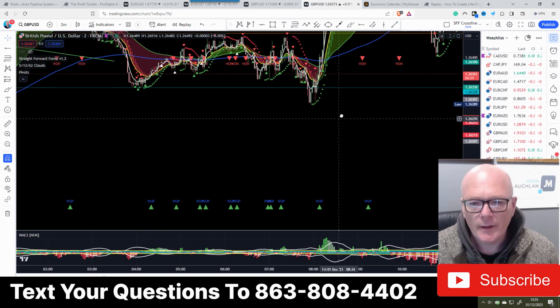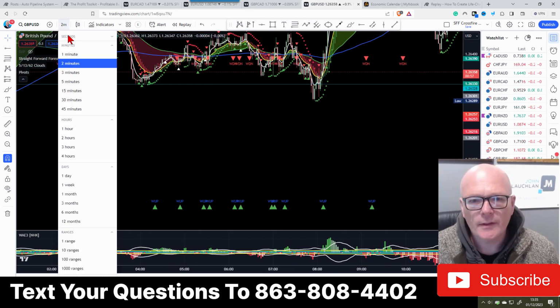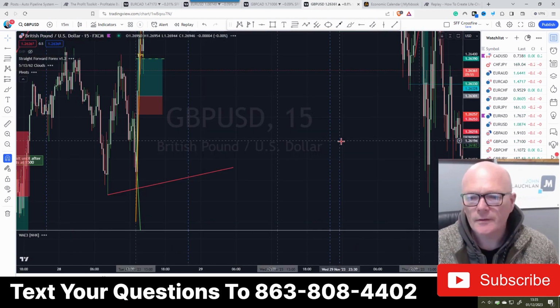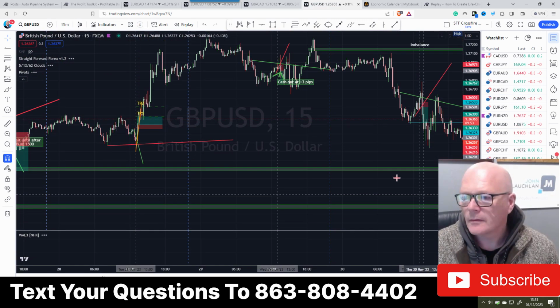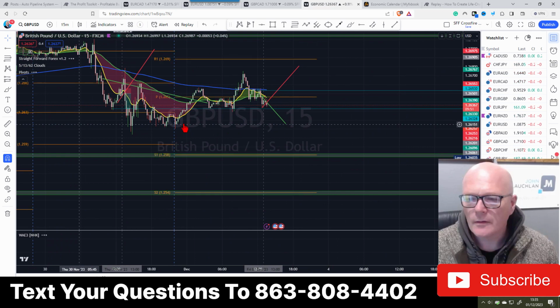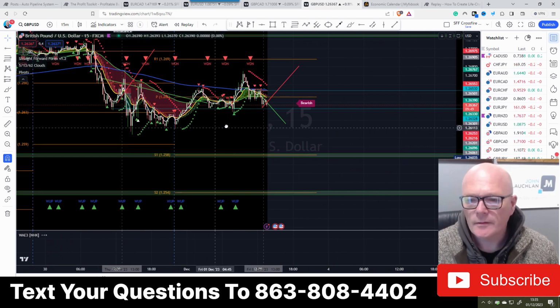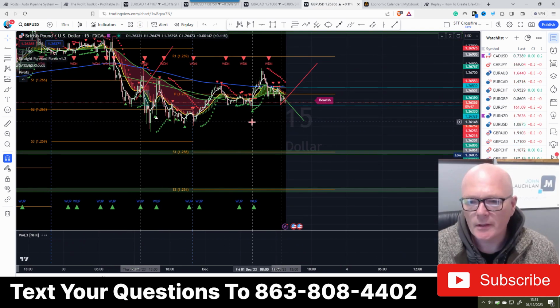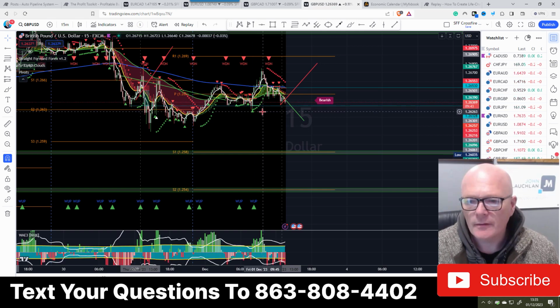So we've got an area there. Well, let's get on the 15, it'll be easy to see. Right, so 15-minute time frame, you can see it a little bit easier now. So we've got areas here at the top, and then we've got the S1 pivot, which is down here, quite a way away.